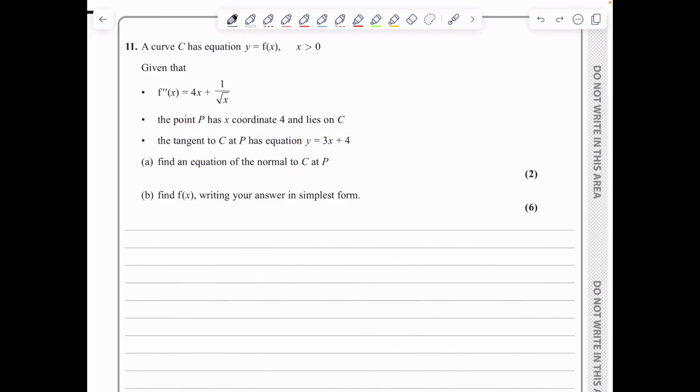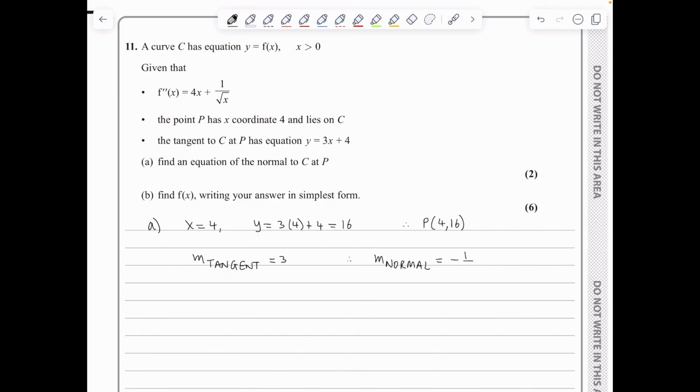So I will start by saying that when x is 4, we have that y is 3 times 4 plus 4, which gives an answer of 16, and therefore point P has coordinates 4, 16. So the gradient of the tangent, I can simply read off from the gradient of the straight line, it's 3. So I can conclude that the gradient of the normal is minus a third.